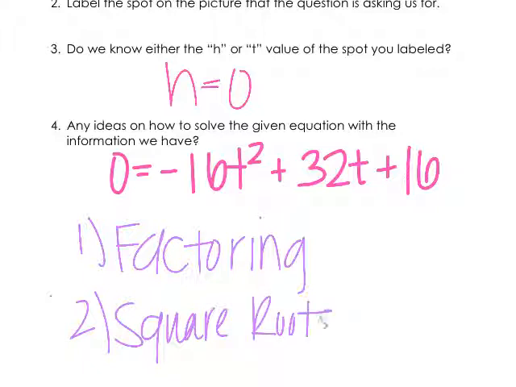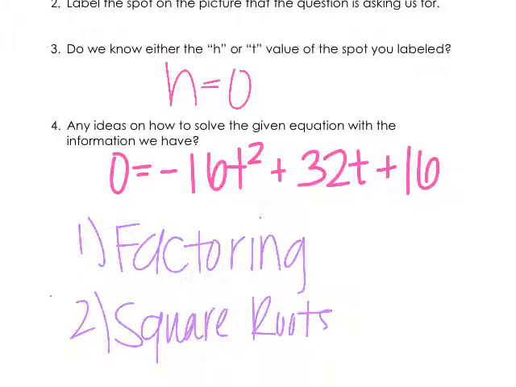Square roots here will not work because even if I subtracted that 16 over and tried to unbury my t squared, notice I still have that t term in my way. If I were to take out a 16 as my GCF, that would leave me with negative t squared plus 32t plus 16.